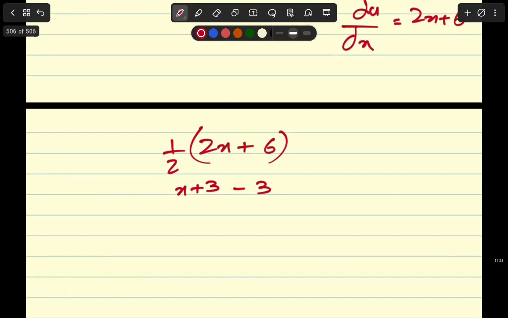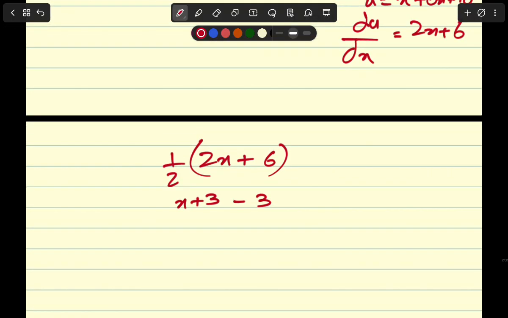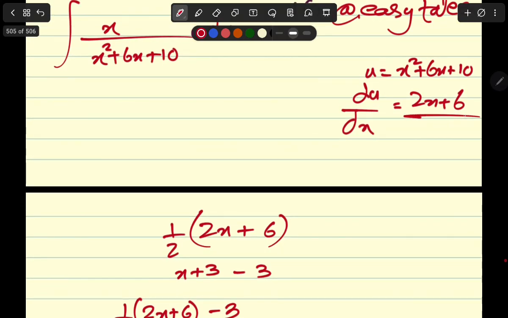So what am I doing? There's a 2x plus 6. I first divided it by half, and then I subtracted 3 from it as well. Now I have it in terms of the derivative.